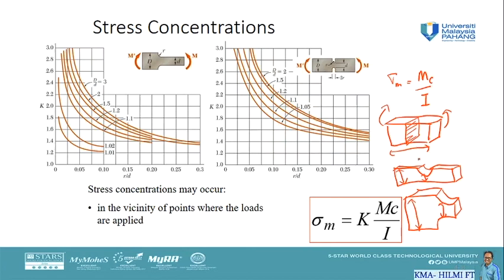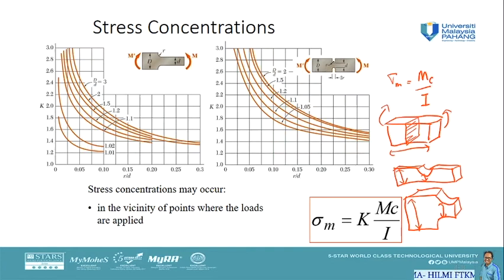Since the distribution of stress in the critical cross section depends only upon the geometry of the member, stress concentration factors can be determined for various ratios, and the value of the stress concentration factor has been obtained experimentally.